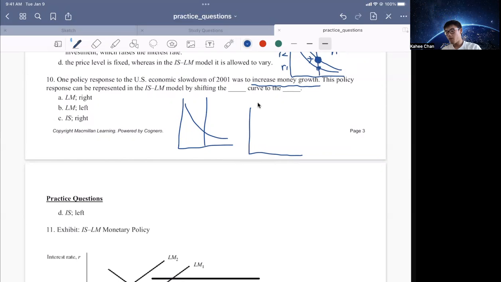think about this. When there's an increase in money growth, that means the nominal GDP will increase, right? When the nominal GDP is increasing, the money supply is going to shift to the right, which shifts the LM curve.